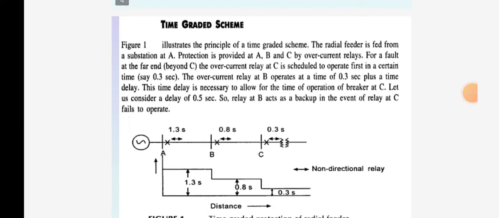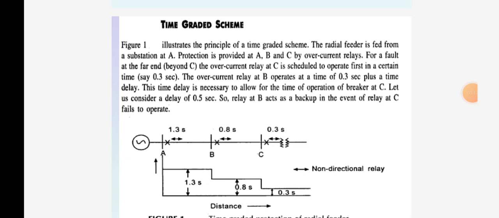The time graded scheme in this figure illustrates the principle of a time graded scheme. The radial feeder is fed from a substation at A. Protection is provided at A, B, and C by overcurrent relays.